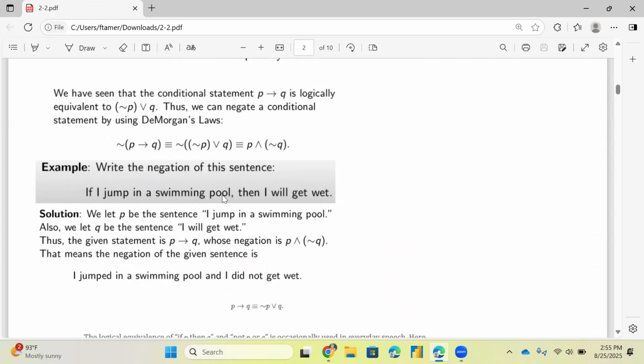Write the negation of this sentence: if I jump in a swimming pool, then I will get wet.